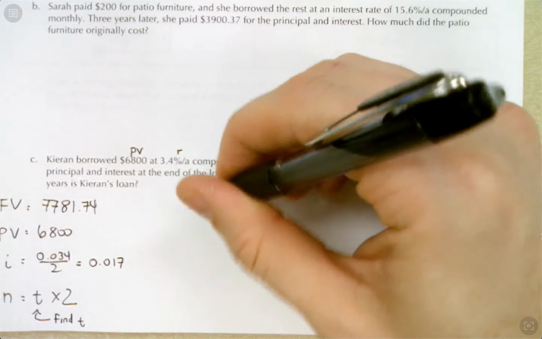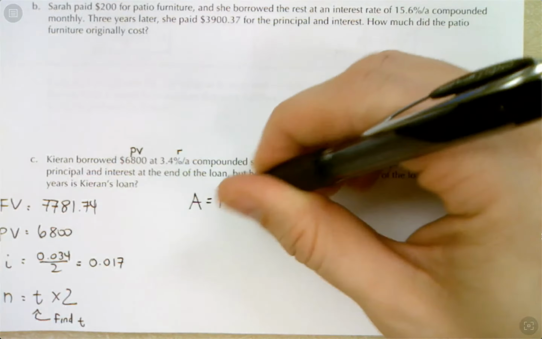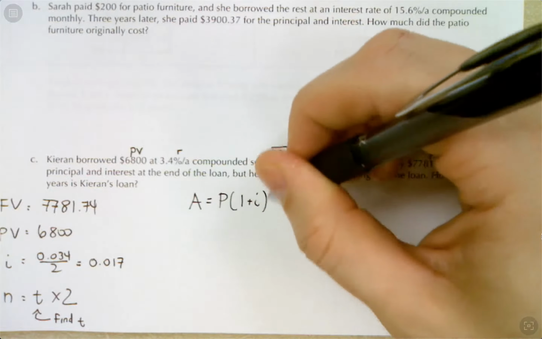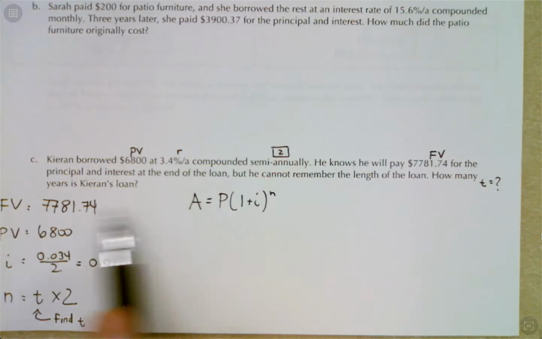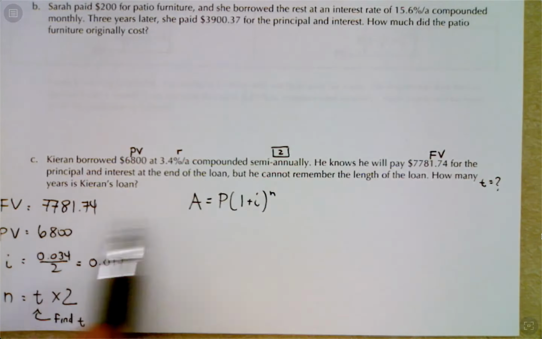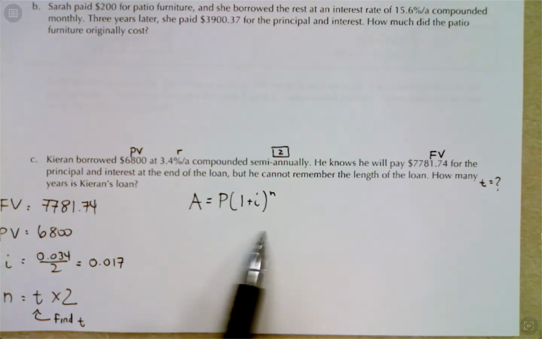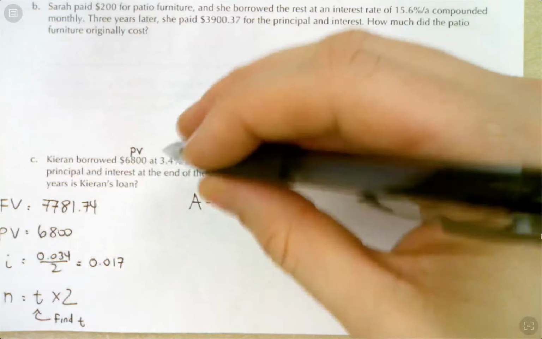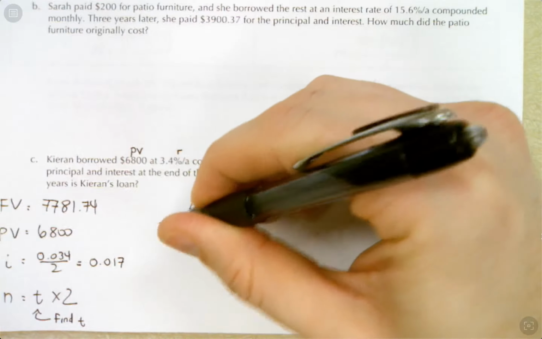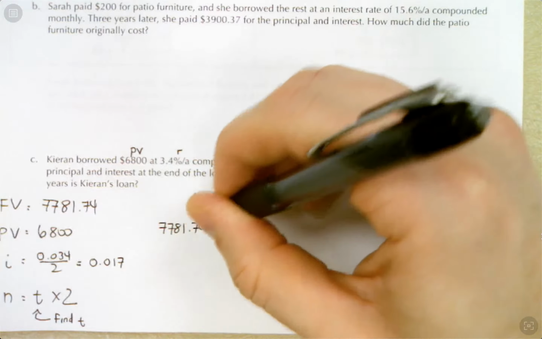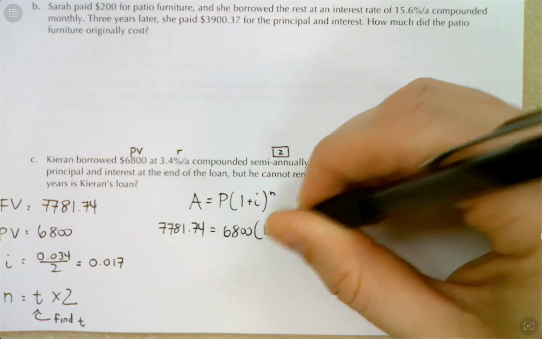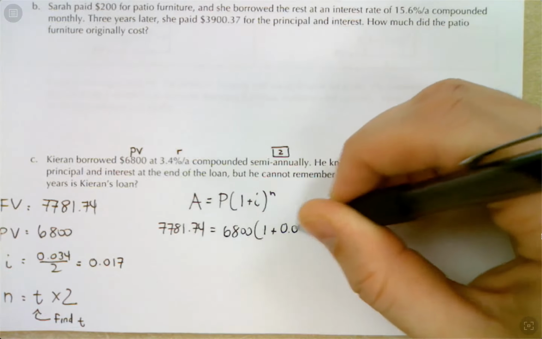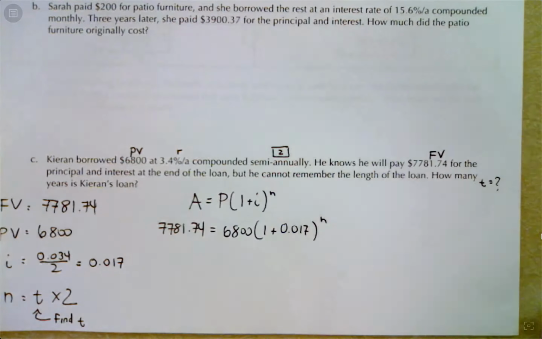I'm just going to use this one, the standard compound interest equation. We're using FV and PV, but remember FV is just A, PV is just P. You can replace them and write them like that if you want. I'm just going to fill them in. 7781.74, 6,800, 1 plus 0.017 to the exponent n.